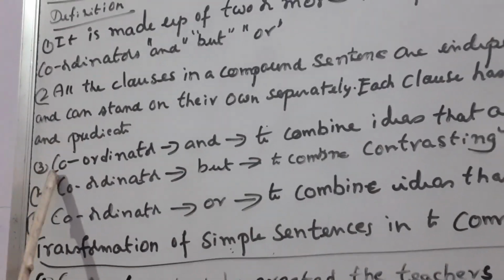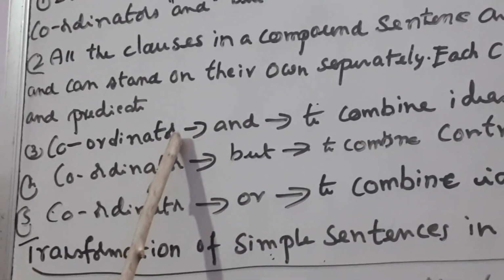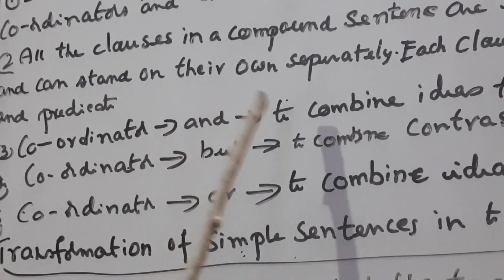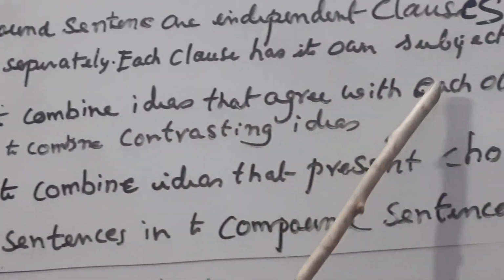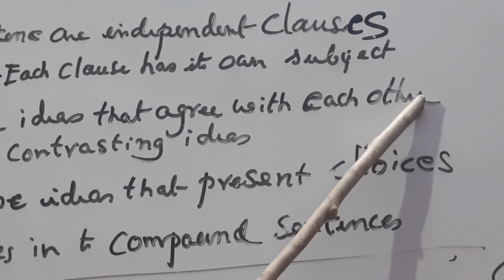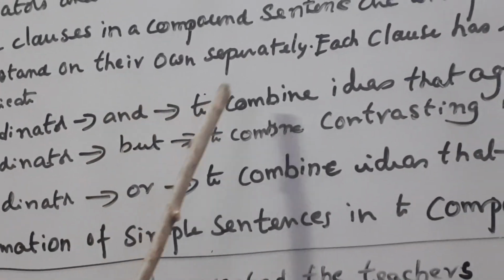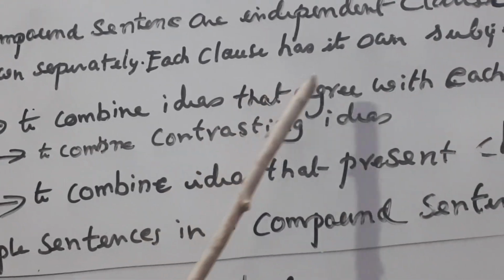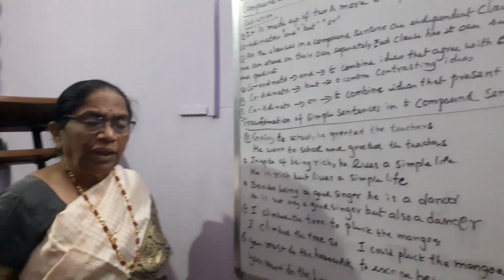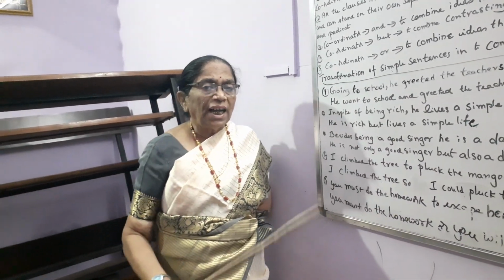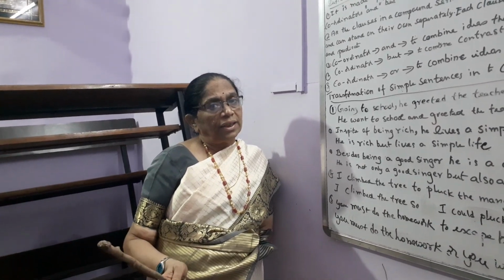Now let us first see coordinator and. Coordinator and is used to combine ideas that agree with each other. For example, I am a doctor, you are an engineer.